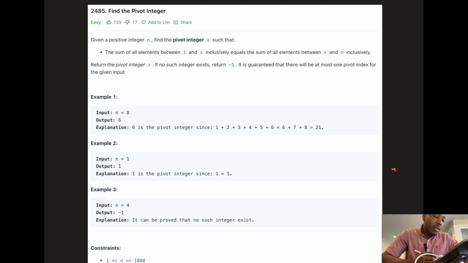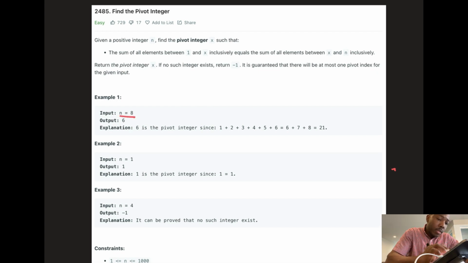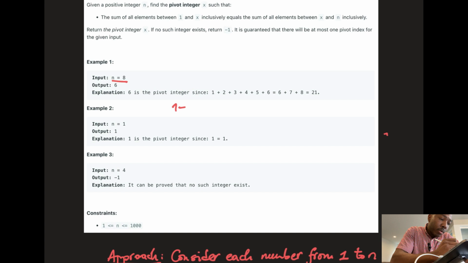So let's explore some examples. For n equal 8, we have 1 plus 2 plus 3 plus 4 plus 5 plus 6 equal 21. And when we do 6 plus 7 plus 8, it is also equal 21.